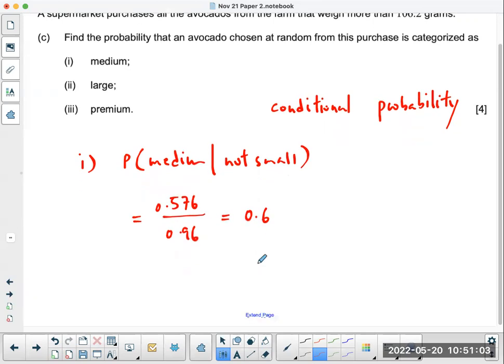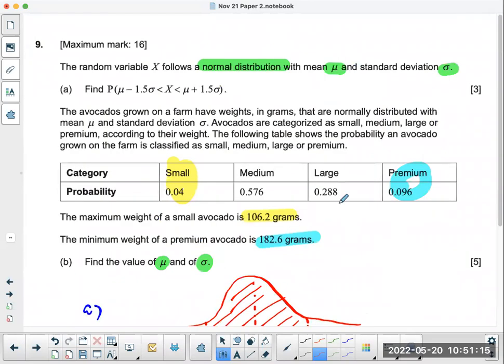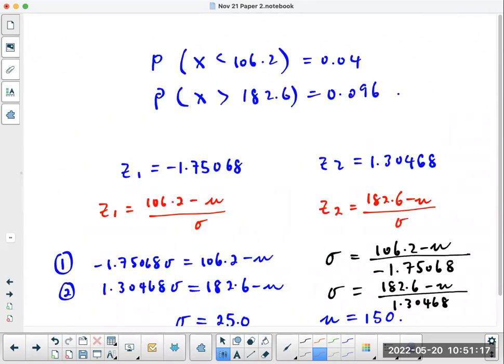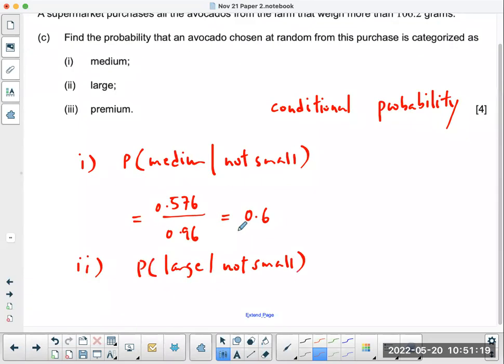Okay, and then if you do the large, again, given that it's not small, that's going to give you 0.288. Right. That's about 0.3. Actually, it's exactly, right?